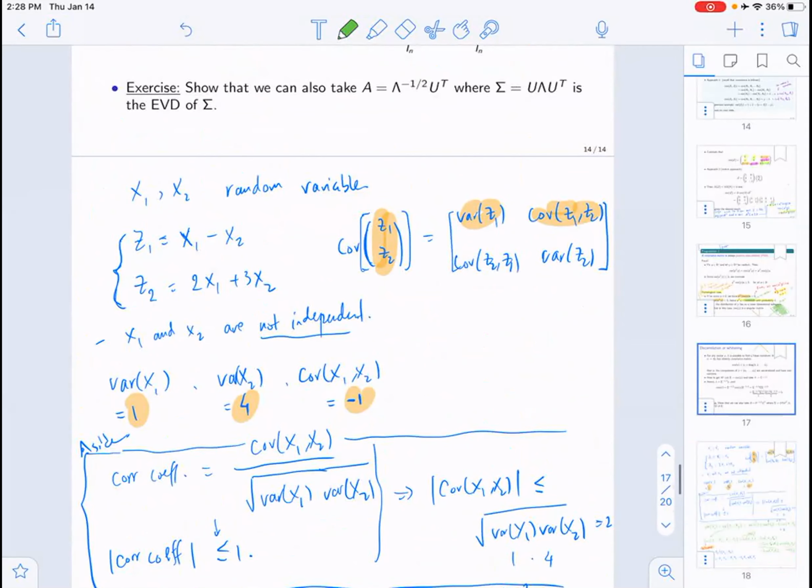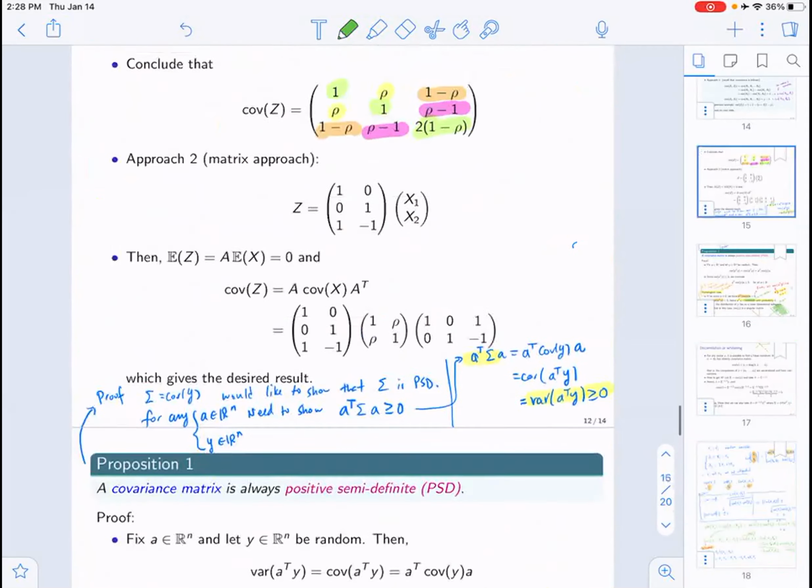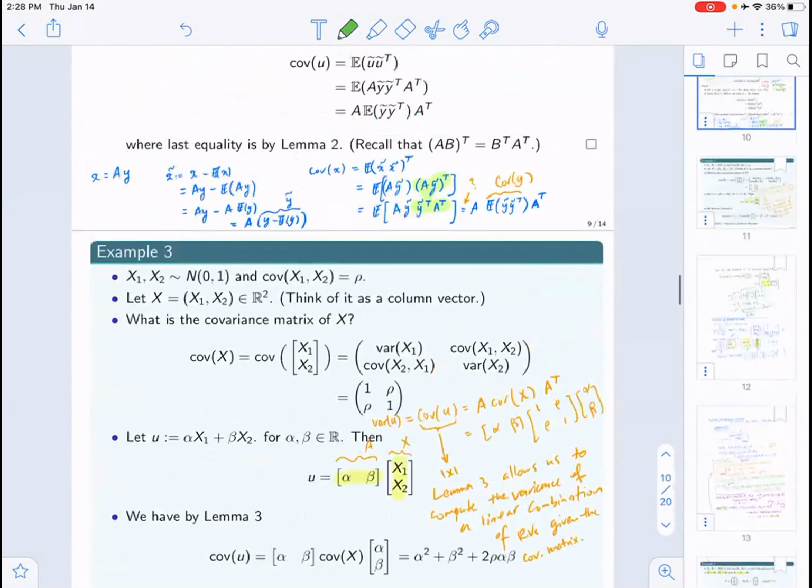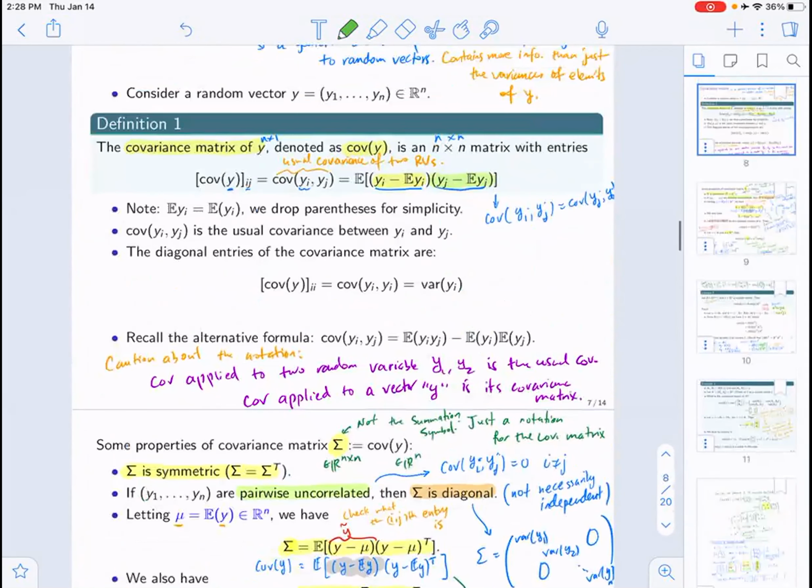For example, in homework 1, we define new variables, y1 equals z1 plus 2z3, y2 equals z1 plus z2 minus z3, and y3 equals 2z1 plus z2 plus z3 minus 7.